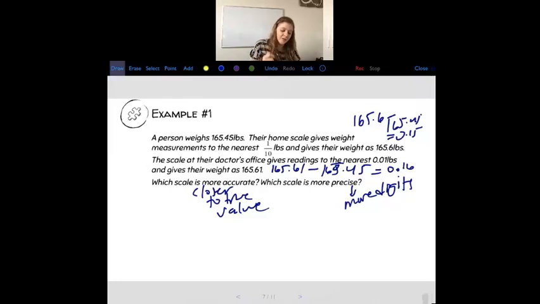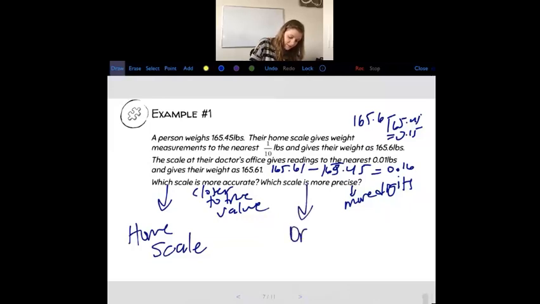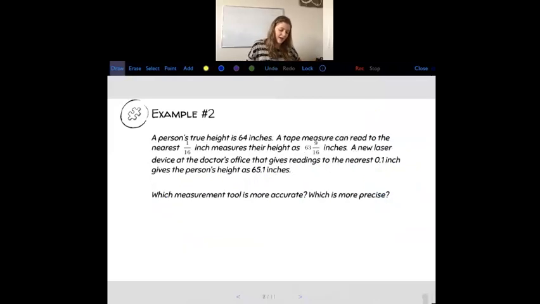Okay. So in this case, the home scale is more accurate because it's closer to the true value. But the doctor's office scale is more precise because this gives it to the hundredths place. The home scale only gives it to the tenths, so the hundredths is more precise because it gave more digits to describe the measurement.